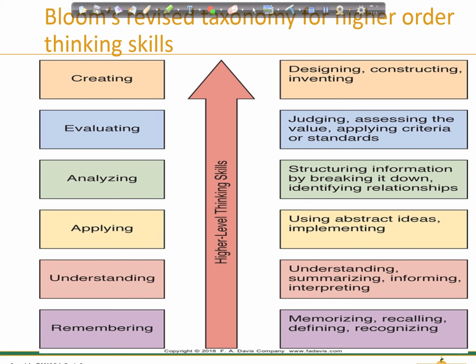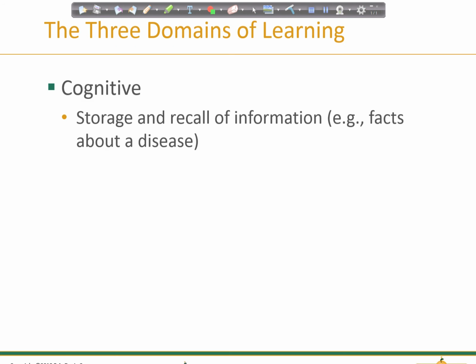So this is the same thing. It applies to patients. So remembering is just memorizing or recalling information, where understanding is actually summarizing and interpreting the information that you are given. So all of that is really important. So cognitive, these are 3 domains of learning.